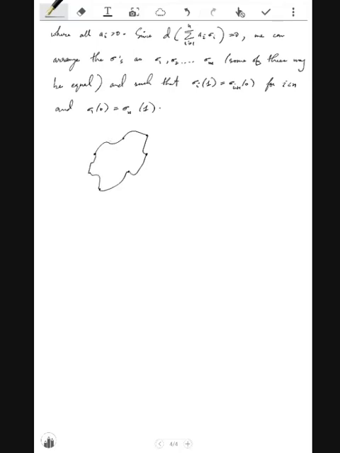So the picture looks like this. There is sigma 1, sigma 2, sigma 3, and so on, and this is finally sigma m.